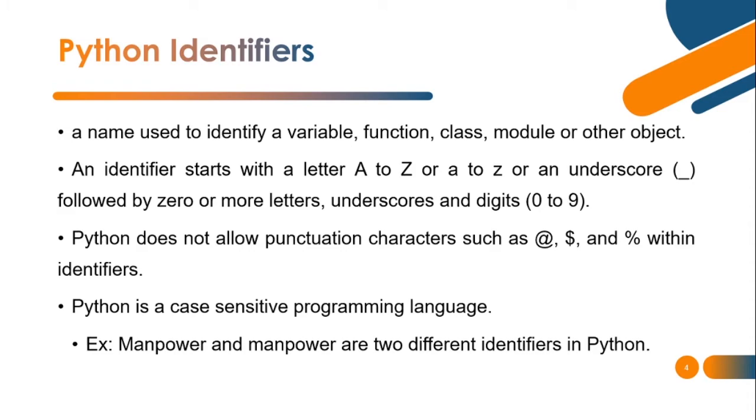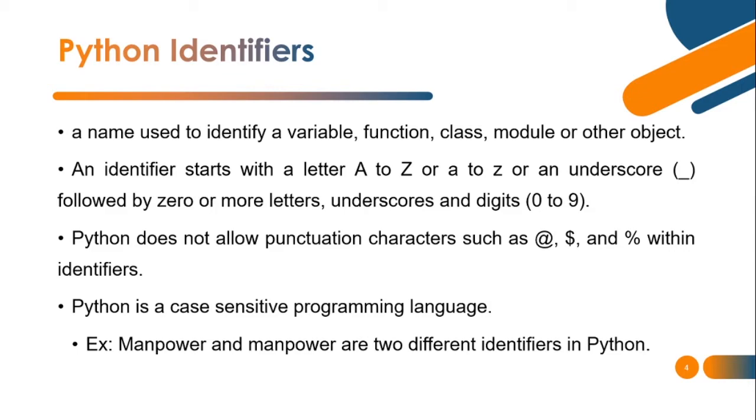Hello, welcome back. So let's try to discuss Python identifiers. Python identifiers are names used to identify a variable, function, or class. An identifier starts with a capital letter A to Z, a small letter a to z, or an underscore, followed by zero or more letters, underscores, and digits from 0 to 9.